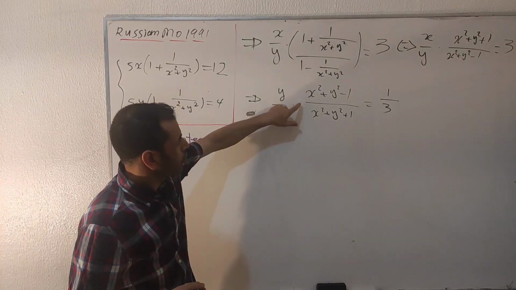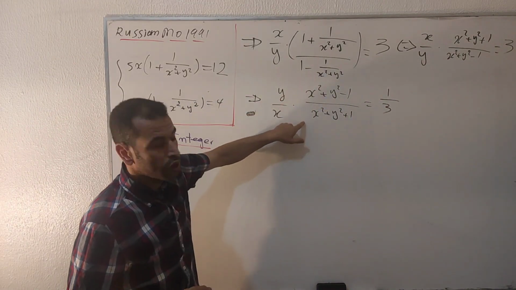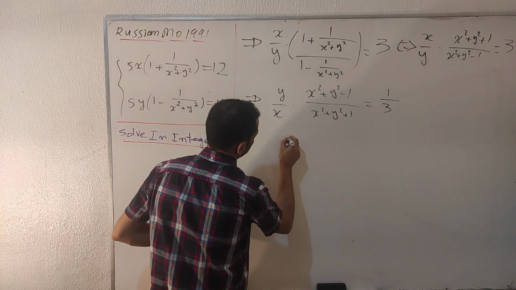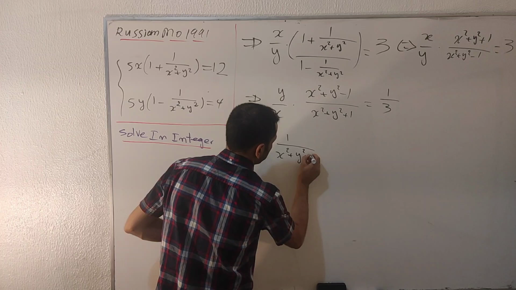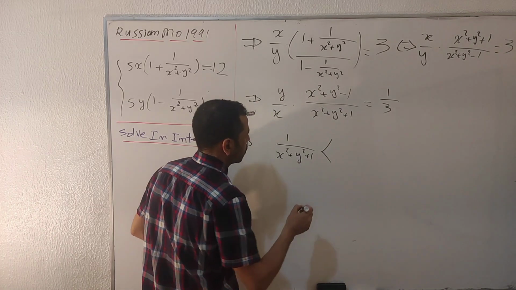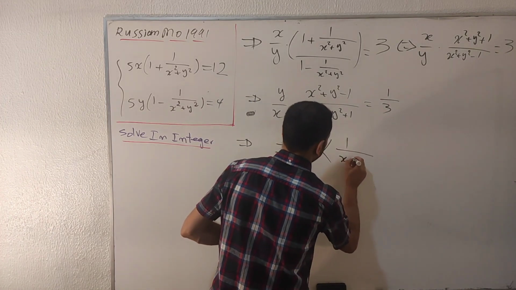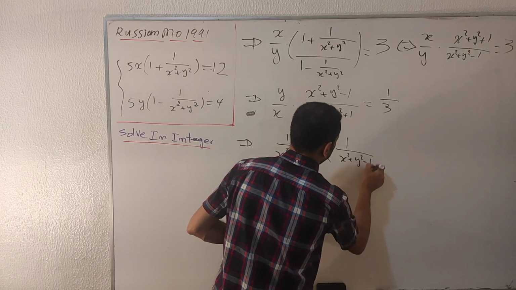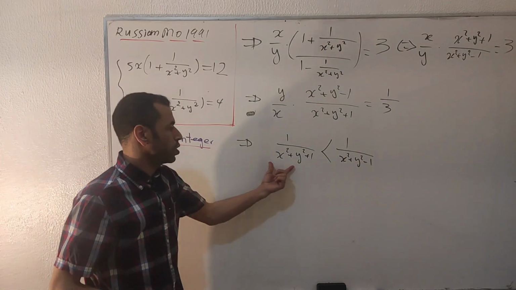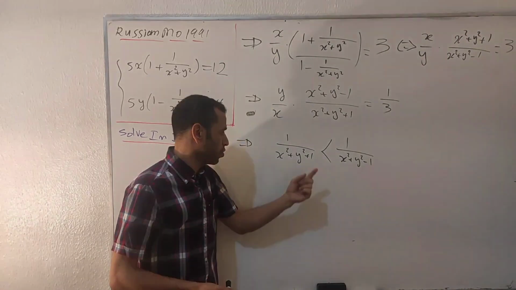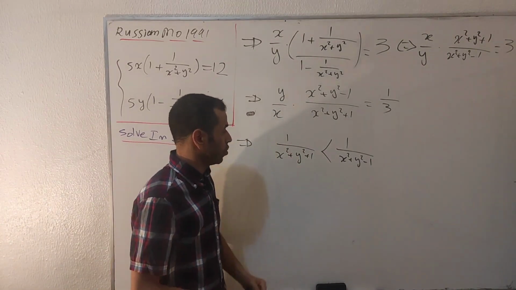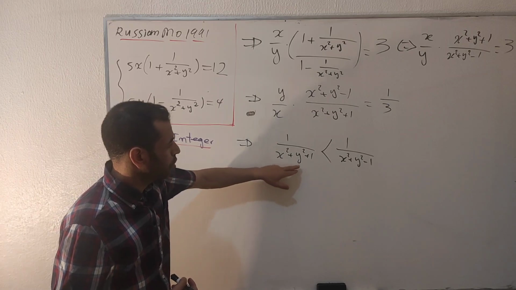If you take a look at this fraction, 1 over x squared plus y squared plus number 1 is strictly inferior to 1 over x squared plus y squared minus number 1, because this one is the same, just the difference: you have plus 1, this is minus 1. Of course this one must be inferior to this one. Keep in mind this one is positive.